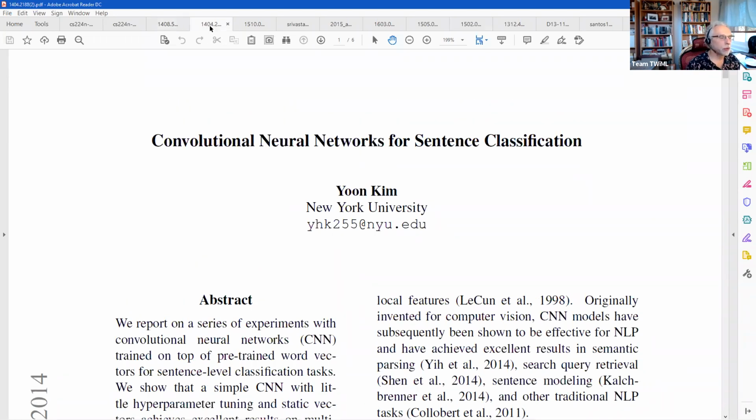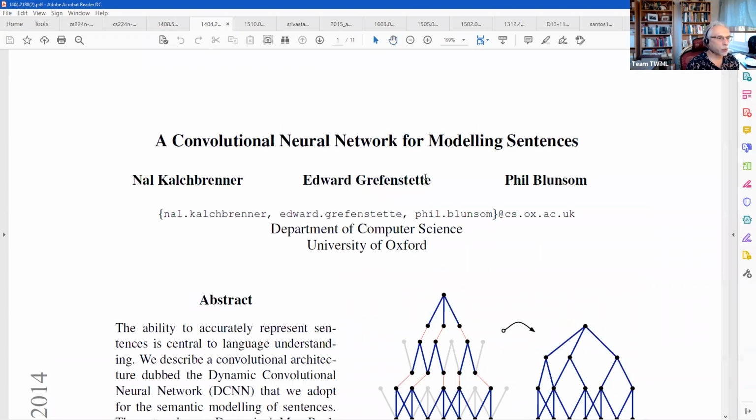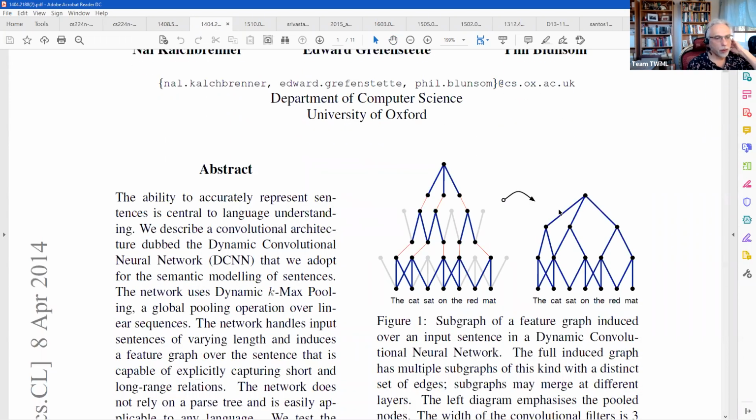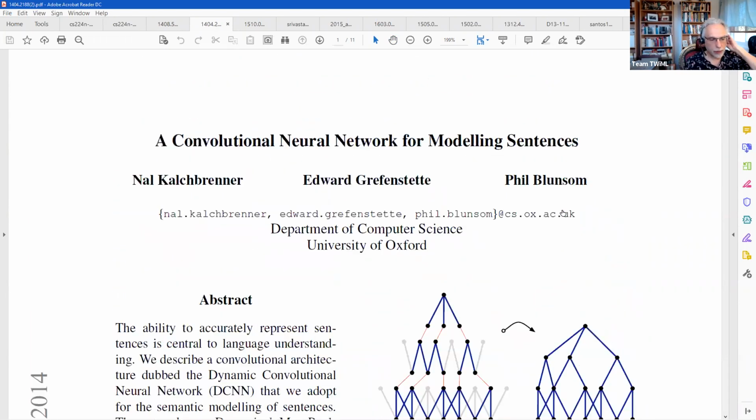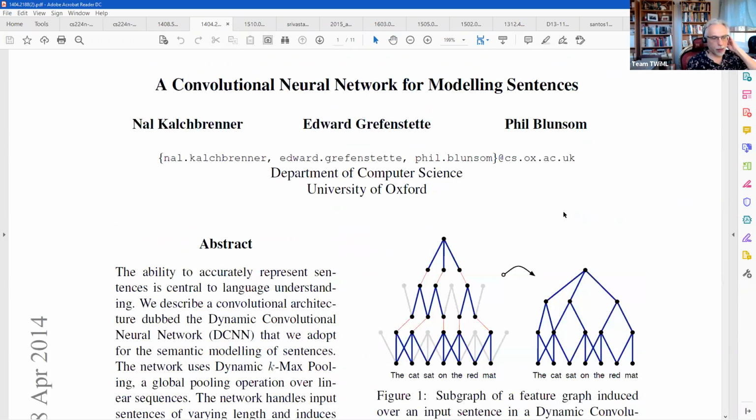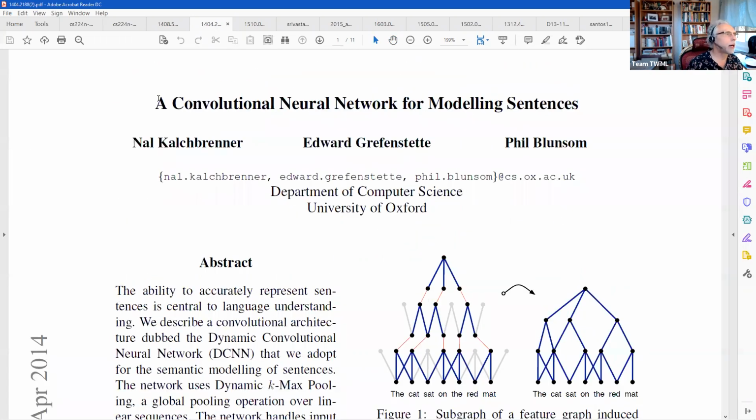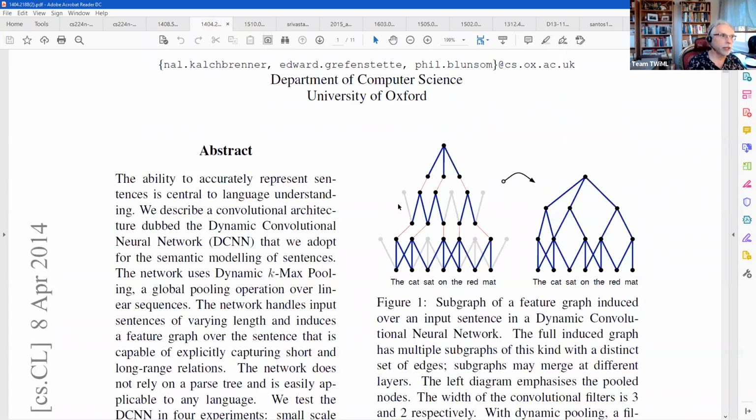Yeah, so this is one of the papers he wants us to read. And the other one is this one by Kalchbrenner, A Convolutional Neural Network for Modelling Sentences. So I thought I would take a look at these papers in more detail. I actually have read the Kim paper thoroughly, but I haven't really read the Kalchbrenner paper thoroughly, but maybe we can just go through it and try to pick up the main ideas.